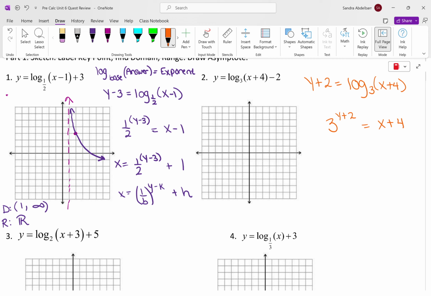So what's the last thing I'm going to do? Subtract that 4. So we're going to have x is equal to 3 raised to the y plus 2, minus 4. So this fits the format of x equals b to the y minus k, plus h.